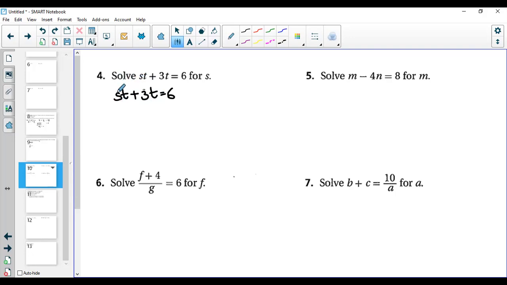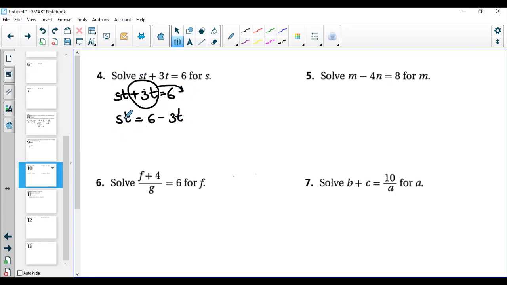At least here they have been multiplied, but this has no relationship with them at all. So first, let's remove the term which is not concerned with them. So ST equals 6 minus 3T, because it's plus 3T, so when it moves to the other side, it becomes minus 3T.